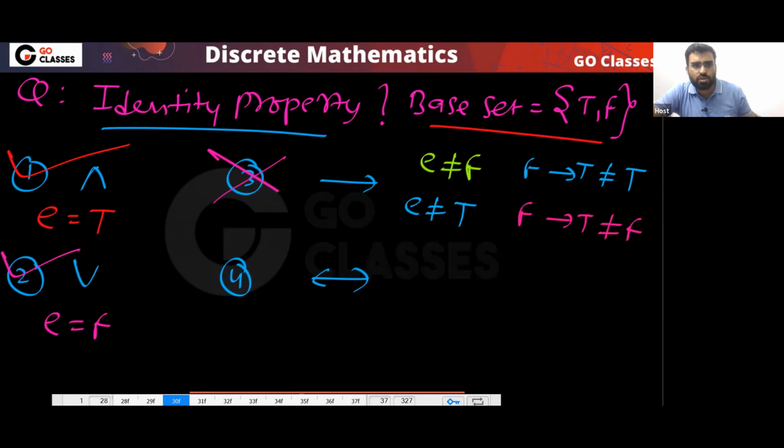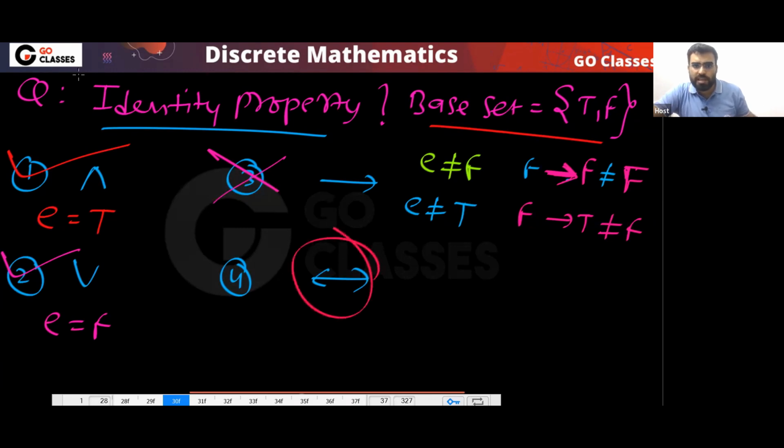Okay, so what should I give? I should give this counter example that identity element is not false because false implies false, that is not equal to false. So that's the reason I can say identity element is not false. And identity element is not true because false implies true, that is not false.